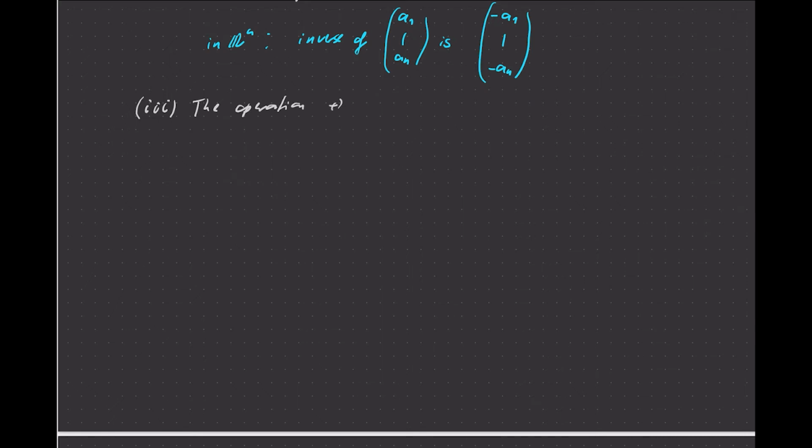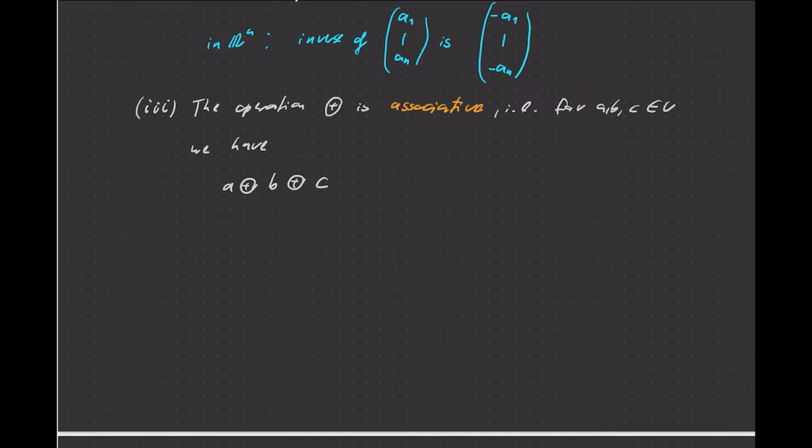The operation plus needs to be associative, meaning for arbitrary vectors A, B, C in V, we have, well, if we add A and B and C, then of course we can do this with a different order.